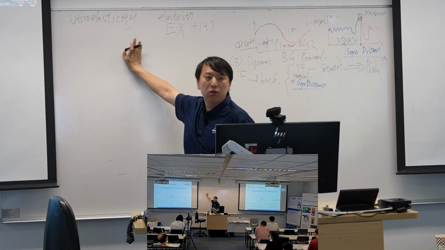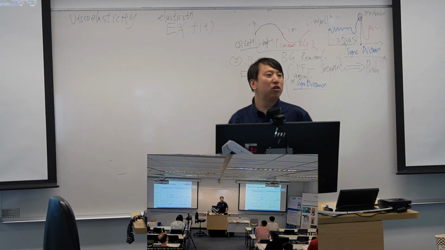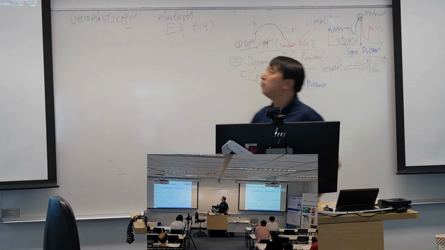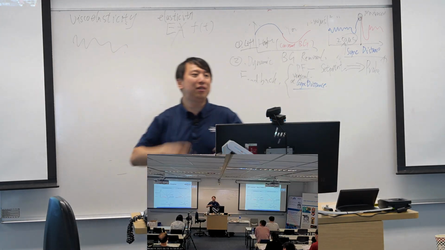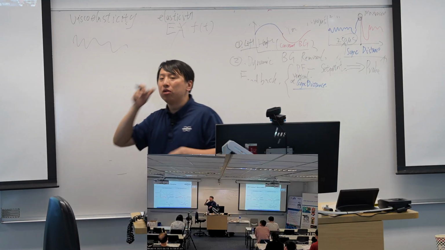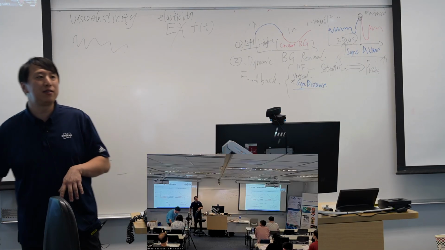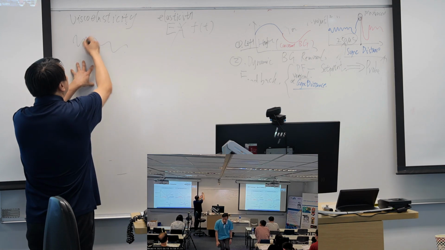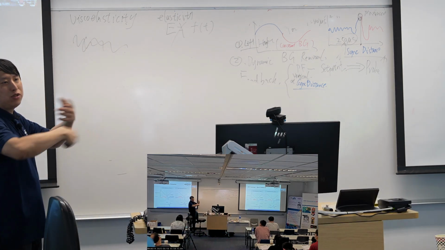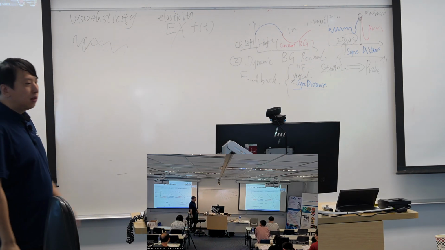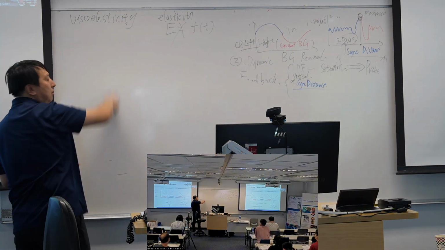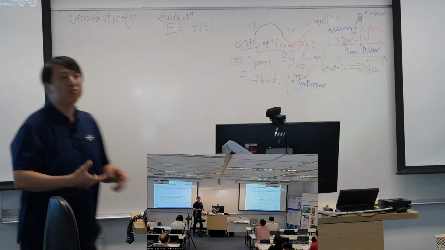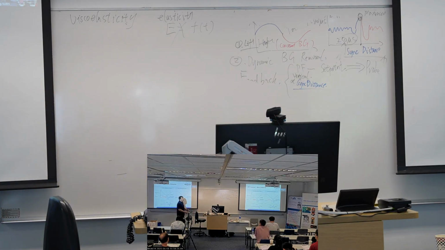But that's not always true for soft materials. For example, for polymers, inside the polymers there are a lot of molecular chains, and the interaction of these chains will change against time. So viscoelasticity means your material has the property of a fluid.